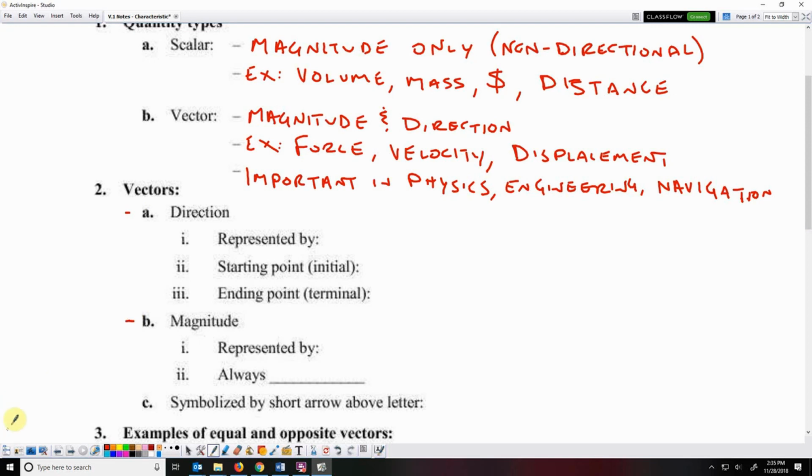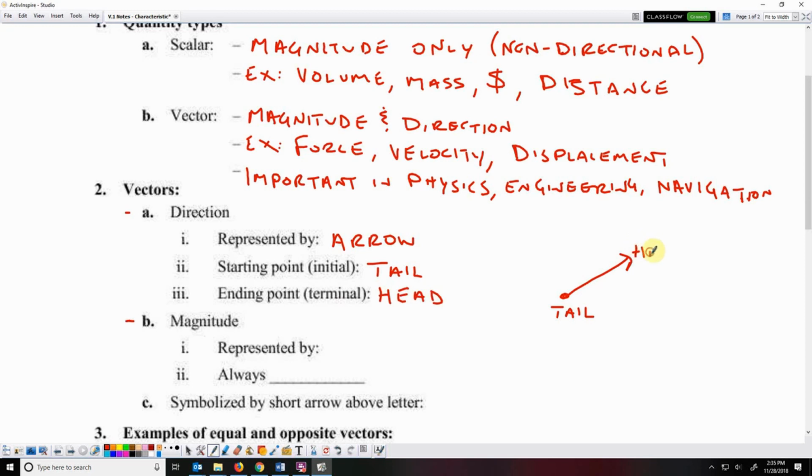The direction on a vector is represented by an arrow. An arrow like this. The starting point, that's the initial point, that is called the tail. So this right here is the tail. The ending point, or the terminal point, is called the head.